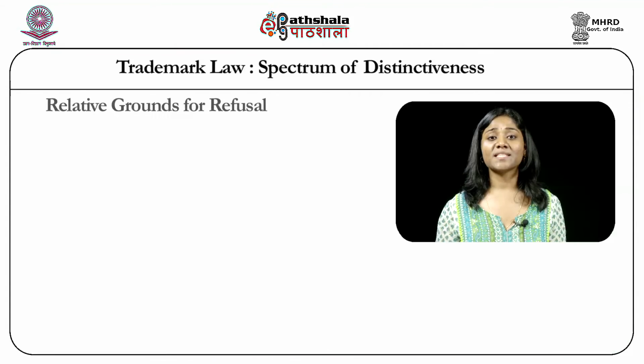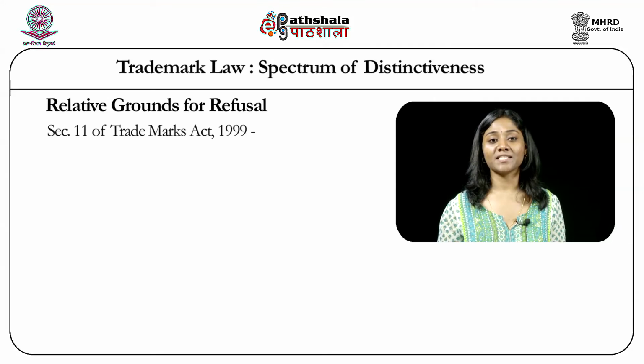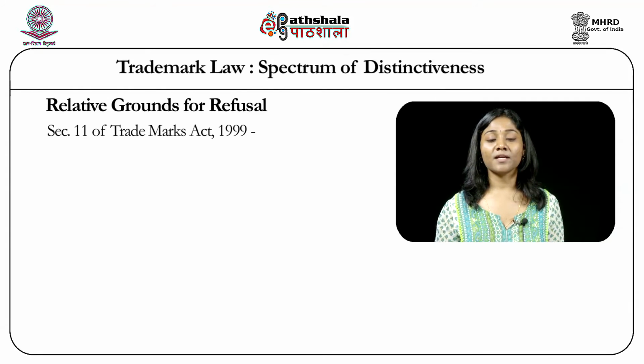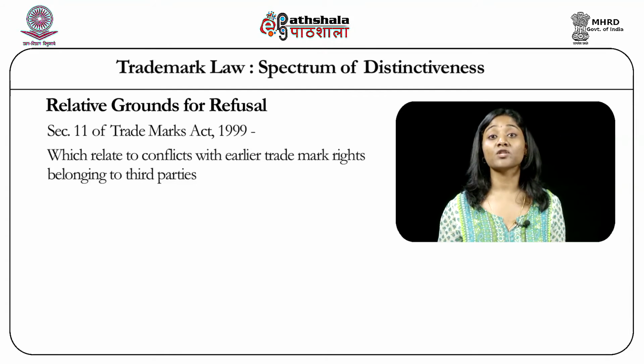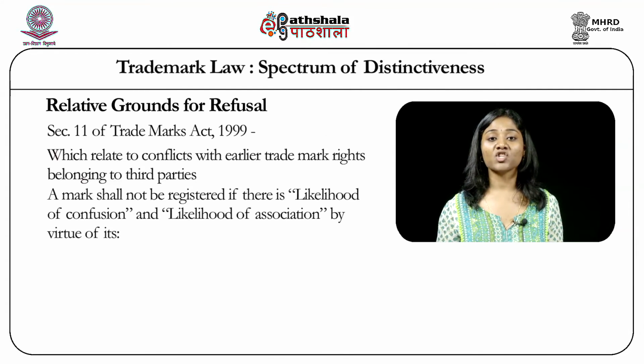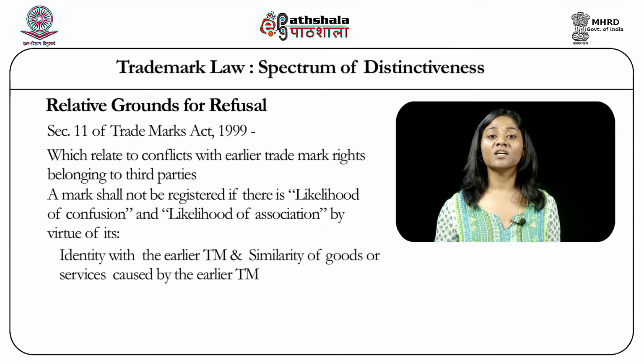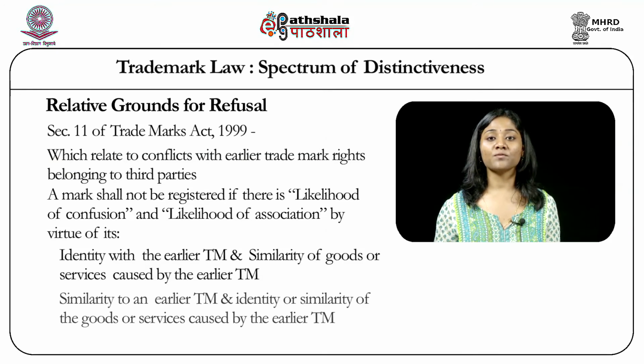Next, we discuss the relative grounds for refusal of registrability of a trademark. Section 11 of the Trademarks Act 99 discusses this. Essentially, it relates to conflicts with earlier trademark rights belonging to third parties. A mark shall not be registered if there is likelihood of confusion and likelihood of association by virtue of its identity with an earlier trademark or similarity of goods and services caused by such earlier trademark.